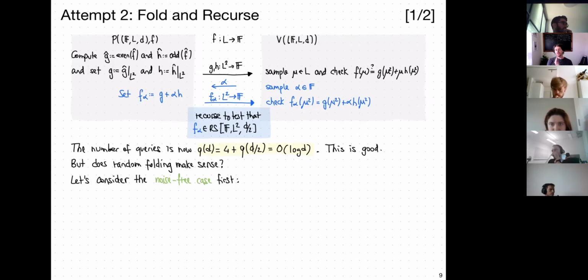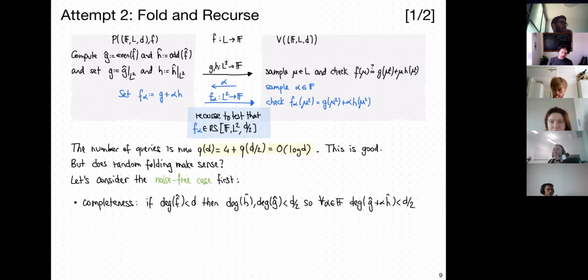So let's first consider the case which is noise-free. What do I mean by noise-free? We don't have errors, and we get polynomials which are fully consistent. So in terms of completeness, I give you some polynomial of degree at most d.